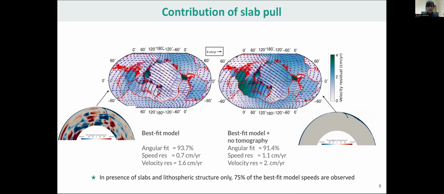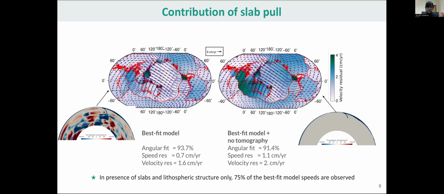So again, the darker colors are the regions that are poorer fit with respect to the observations. And what we see is that, as we would expect, because there are less driving forces, the overall fit is poorer if we have no tomography. But if we look at these quantified measurables, the angular fit is still pretty good. And there are actually regions such as Eurasia, Europe, which fit better if we have no tomography data.